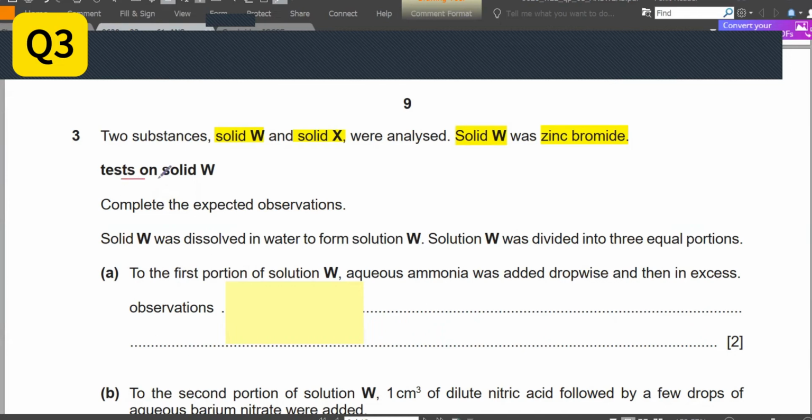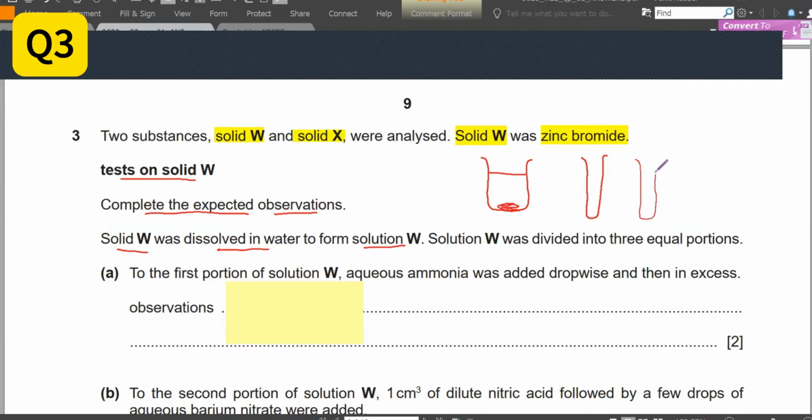Test on solid W, complete the expected observations. Solid W dissolves in water to form a solution. First we take this solid and dissolve it in water, and then divide it into 3 equal portions.